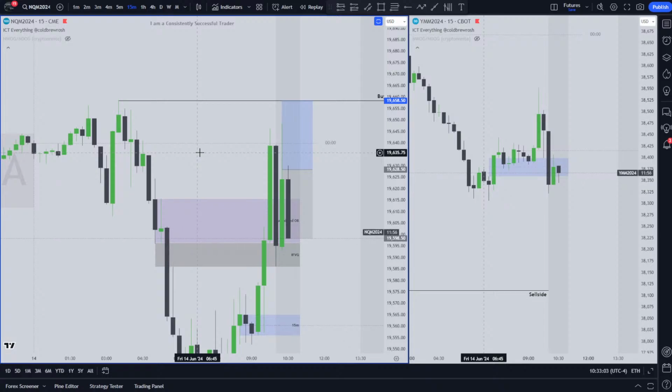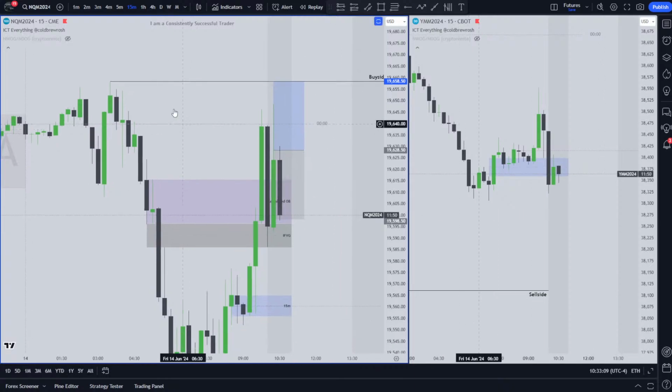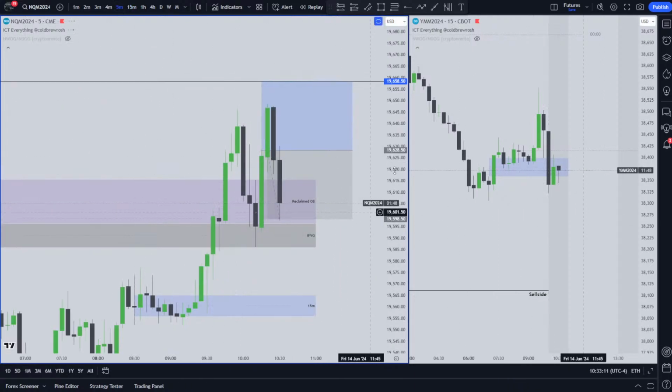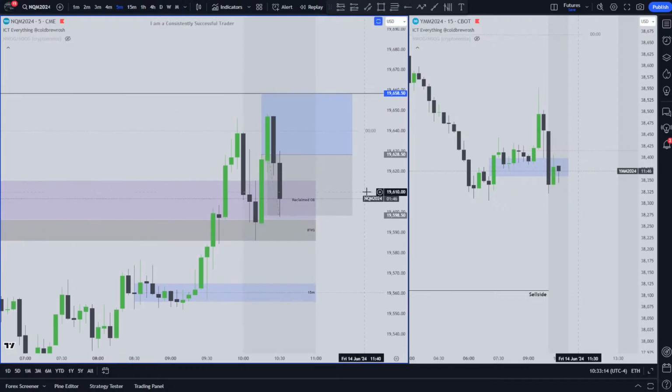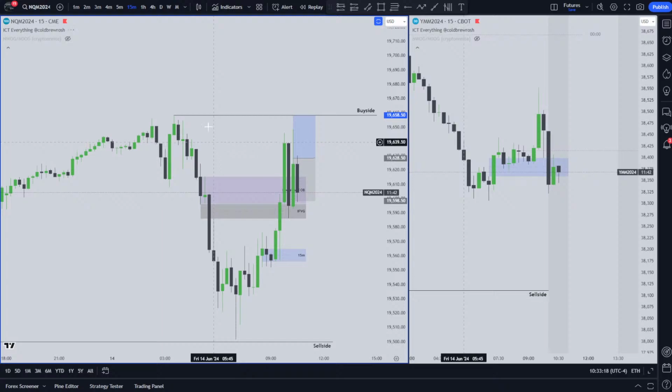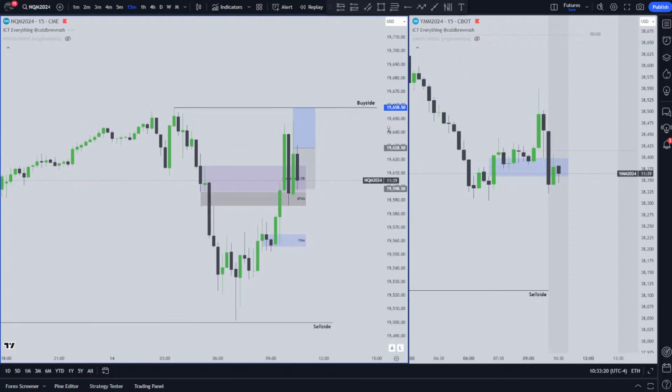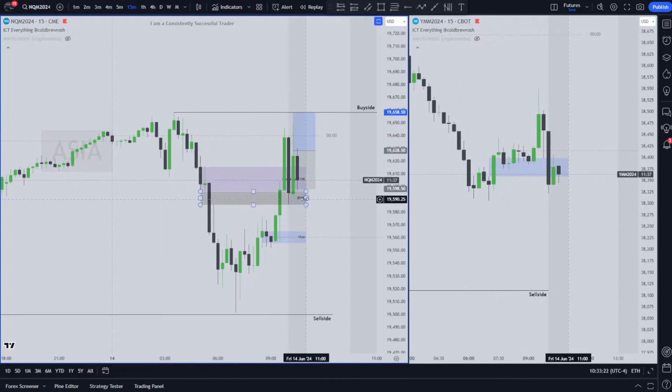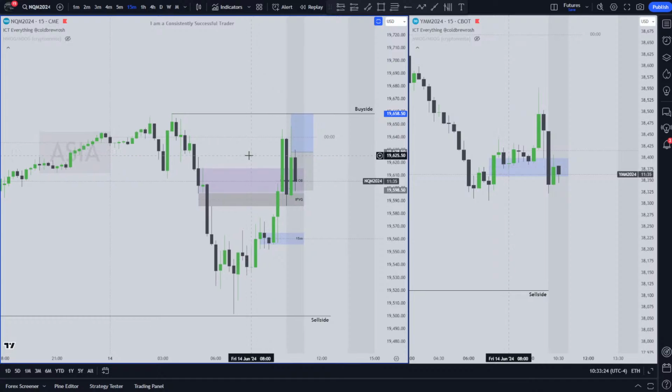Oh, very close. Okay, so that hit my stop loss there. So that's one loss. Let's analyze what we might have done wrong. I think this is the most important part, to try and learn from this, because otherwise you can take the exact same trades on repeat.